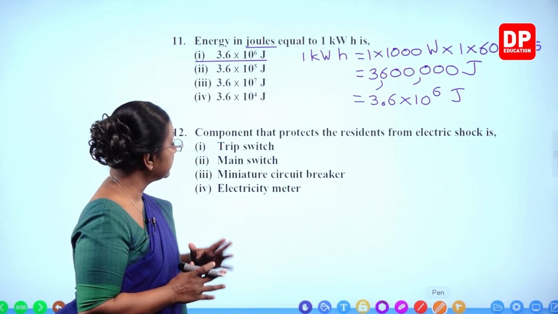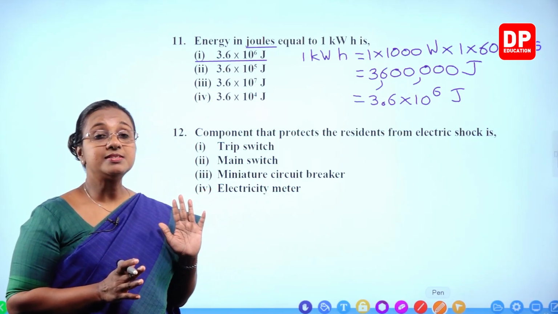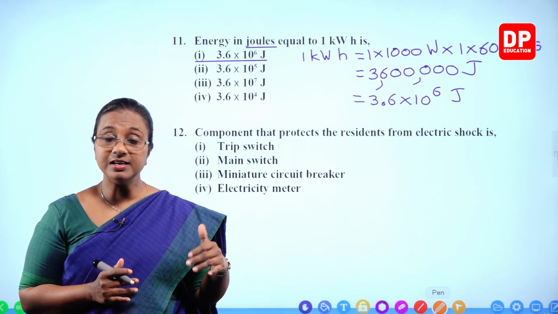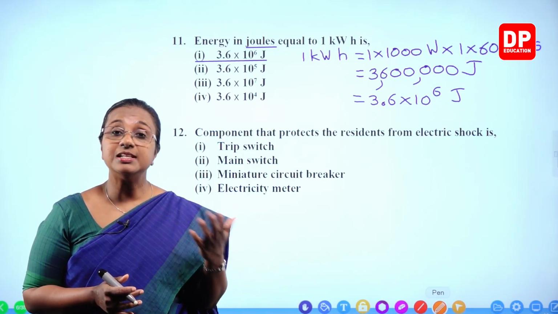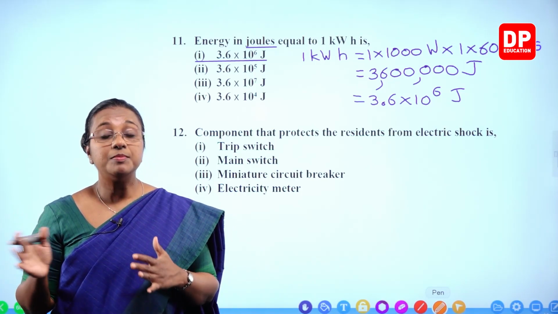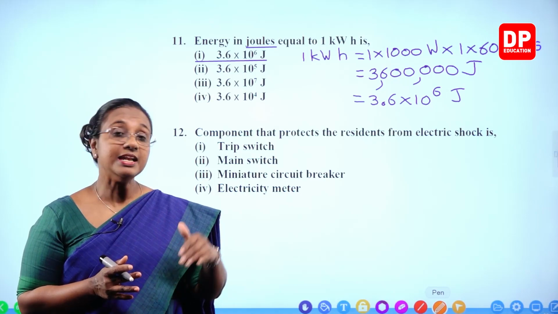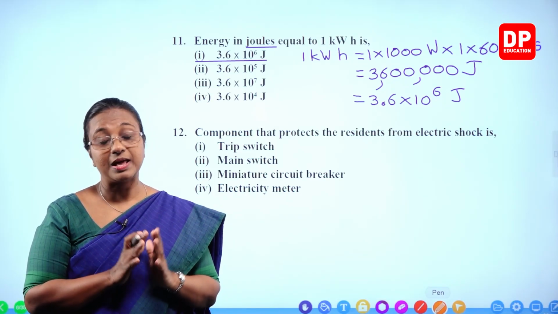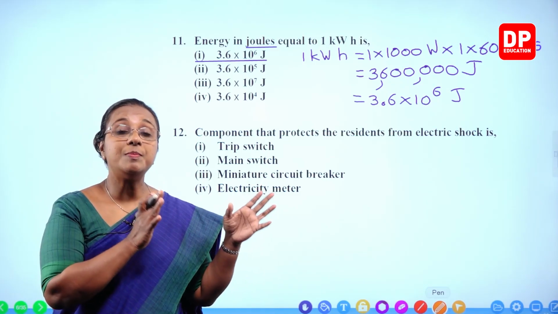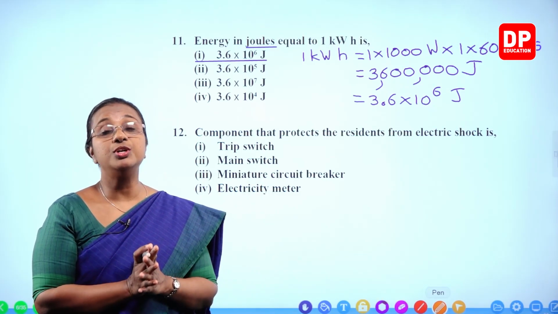Then we have the miniature circuit breaker. Now miniature circuit breaker, if there is a current more than 6 amperes for a lamp circuit or more than 13 amperes for a plug circuit, then the miniature circuit breaker will disconnect the electricity supply to a particular part of the household only.